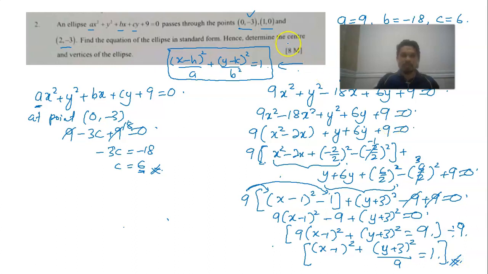So now determine the center and the vertices. The center, from x minus 1 and y plus 3, is 1 and negative 3. Okay, so 1 and negative 3.